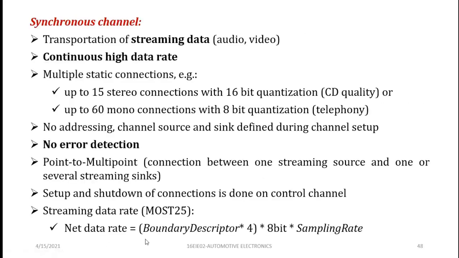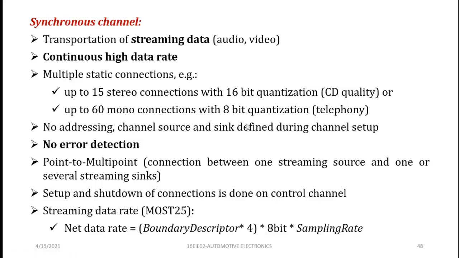Now let's take a look at the synchronization channel. Normally it is for transportation of streaming data, that is audio or video, with continuous high data rate, and up to 15 stereo connections with 16-bit quantization, or up to 60 mono connections with 8-bit quantization, are used.